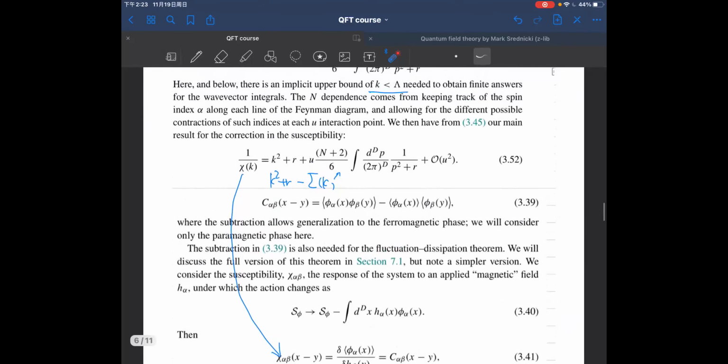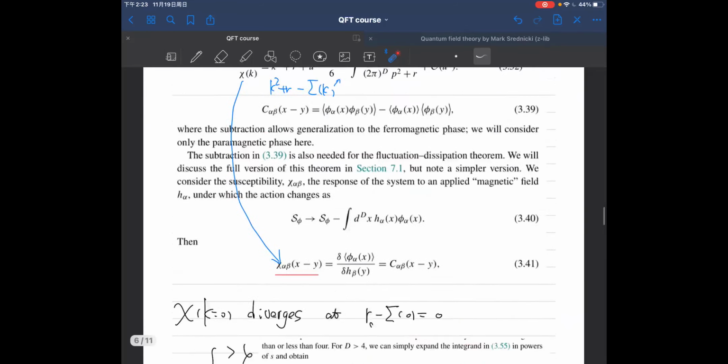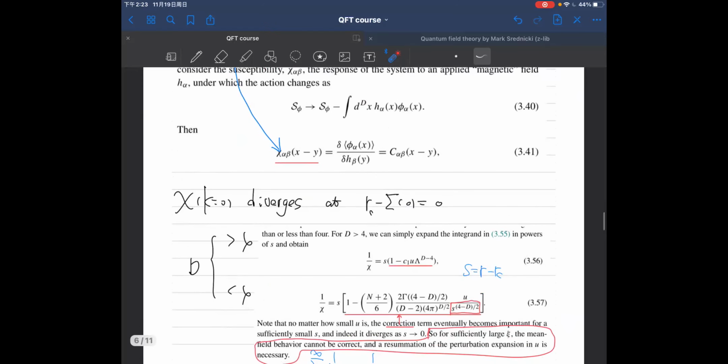The susceptibility we measure in the lab is at k to 0. We take k to 0. Then you do the integral, and you find there are two distinct behaviors of chi.